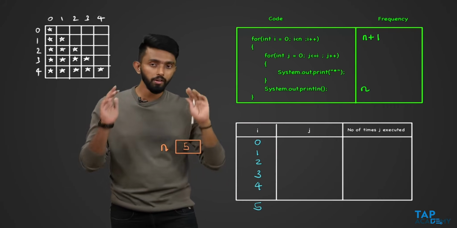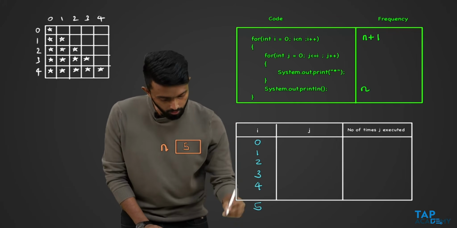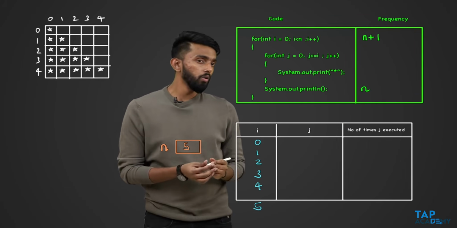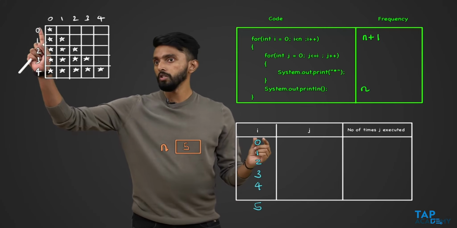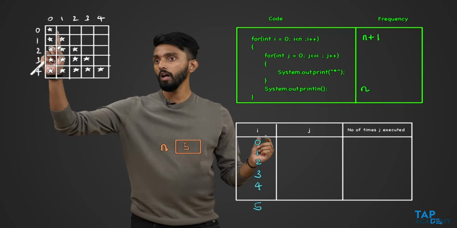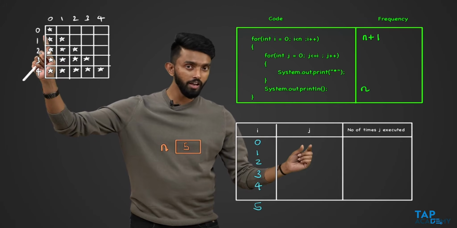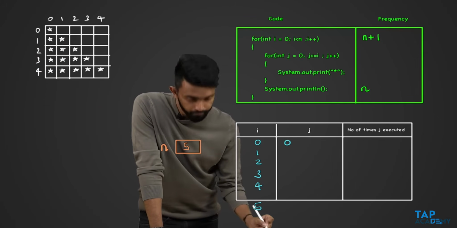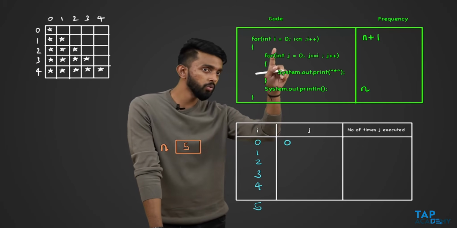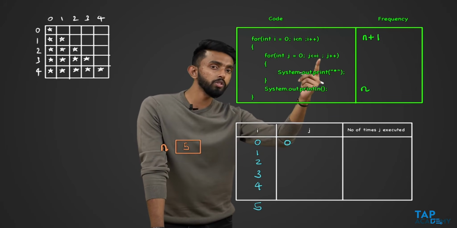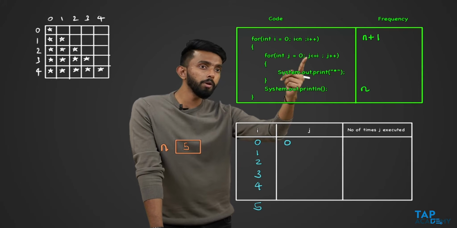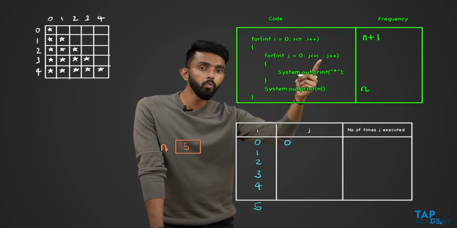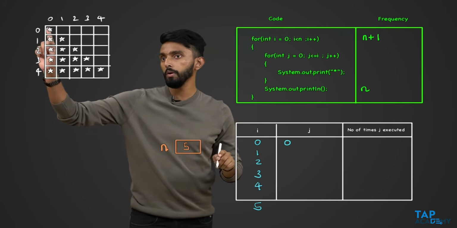Why, you may wonder. Look at it. I'm just showing it for you. Now, when i is 0, which means the 0th row, how many stars? 1 star, which means the j value technically should go only till 0. And that's what happens: 0 is less than or equal to 0, so it will print 1 star. Next time j will become 1, and 1 is not less than or equal to 0, hence it will come out and only 1 star will be printed.